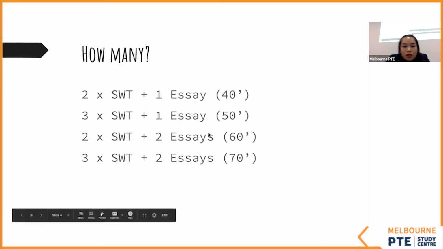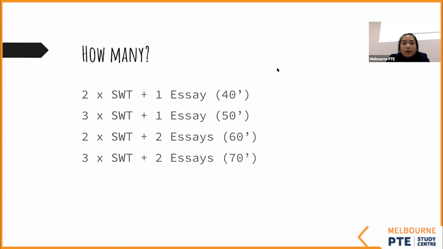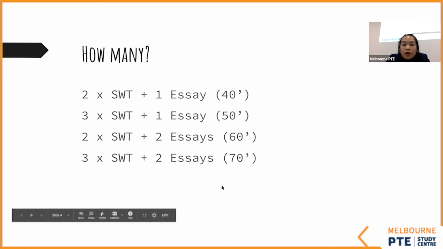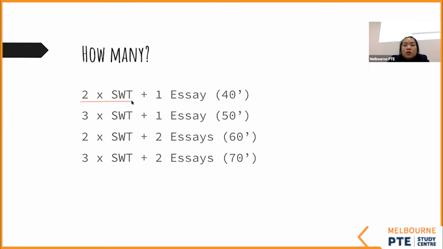Remember, in your writing you have summarize written text and essay. This is how the computer allocates the questions for you in the exam. If it gives you 2 summarize written text, it will give you 1 essay, or it may give you 2 essays. Now, if you have 3 summarize written text, 90% you get 1 essay.